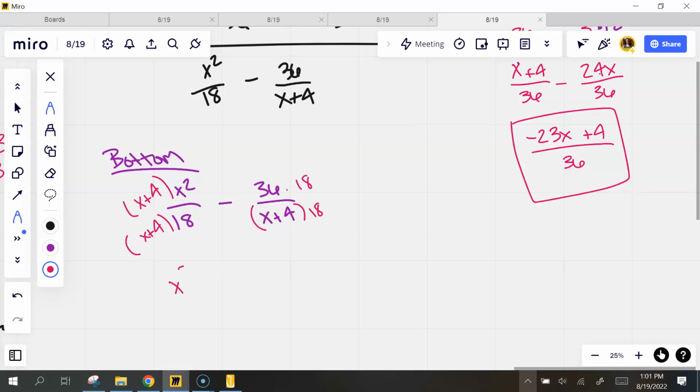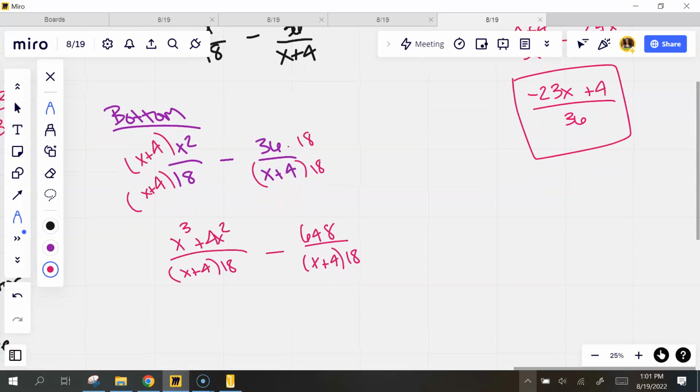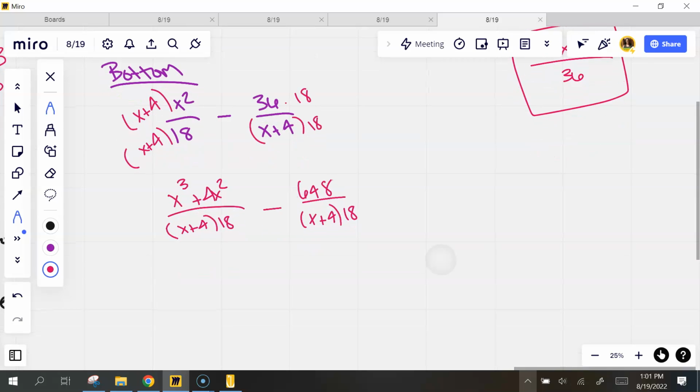This would be x to the 3rd plus 4x squared, and the other was 36 times 18. And now I can just combine them over the same denominator.